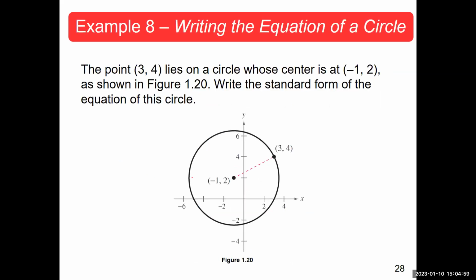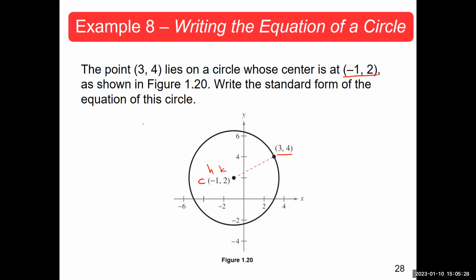Example. What they're giving us, the center of the circle C, -1 and 2. That's the center coordinate. Well, this is automatically H and K, right? And they give us 1 point on the circle. This is a point. This is not X and Y. They said find the equation of that circle.